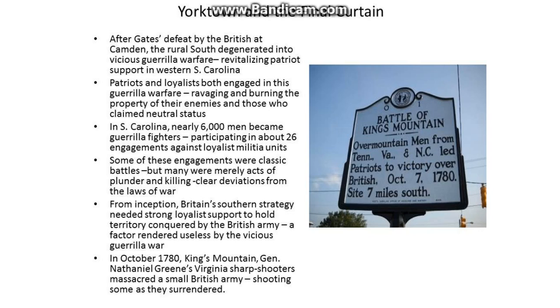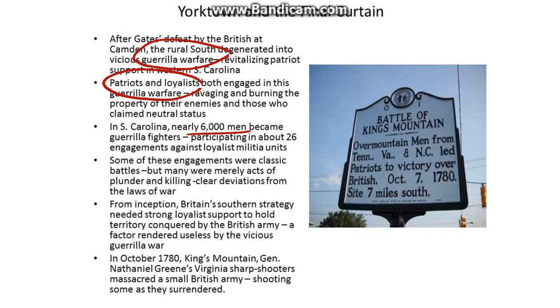After Gates's defeat by the British at Camden, the rural South degenerated into vicious guerrilla warfare, revitalizing Patriot support in western South Carolina. Patriots and Loyalists both engaged in guerrilla warfare, ravaging and burning the property of their enemies and those who claimed neutral status. In South Carolina, nearly 6,000 men became guerrilla fighters, participating in about 26,000 engagements against Loyalist militia units.